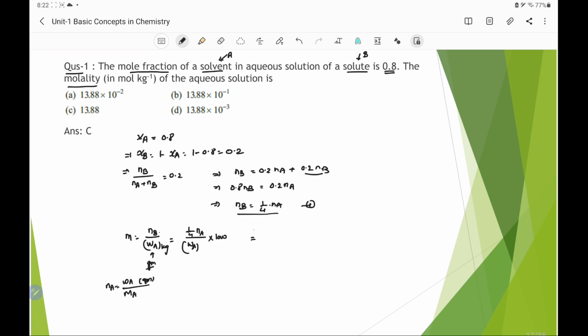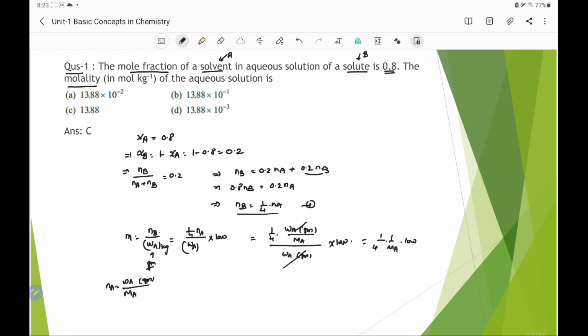So substituting this value of Na, we will have 1 by 4 into the mass of the solvent in gram divided by the molecular weight of the solvent, divided by Wa, the mass of the solvent in gram, into 1000 to convert it into kilogram. Now cancelling the common term, we will have 1 by 4 into 1 by Ma, the molecular weight of the solvent, into 1000.